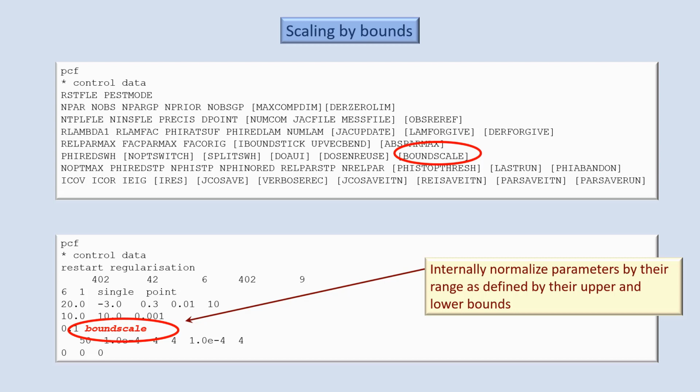It may reflect the true value of the parameter, or it may tell me that a parameter is taking on weird values to compensate for model defects, and in that case I may get some indications of what those defects are. I achieve that through setting the bounds very high and very low for each parameter. If that's the case, then I shouldn't use bound scale. However, if the bounds do reflect the innate prior variability of parameters, then it may be legitimate and useful to use the bound scale control variable.